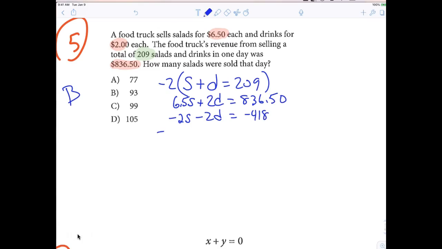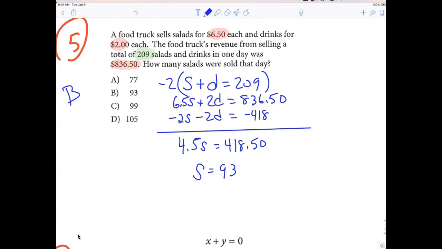Now when you add that together, it looks to me like I have 4.5s is equal to, I think, $418.50. Is that right? And then just divide by 4.5. So if I'm not mistaken, S is equal to what? 93.